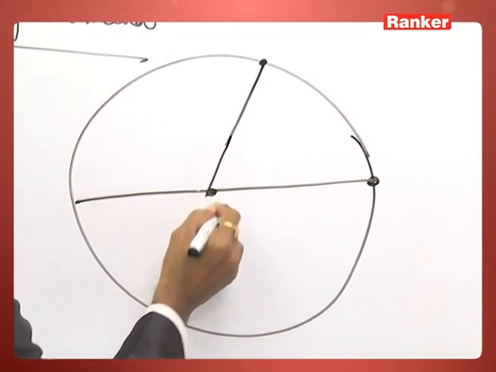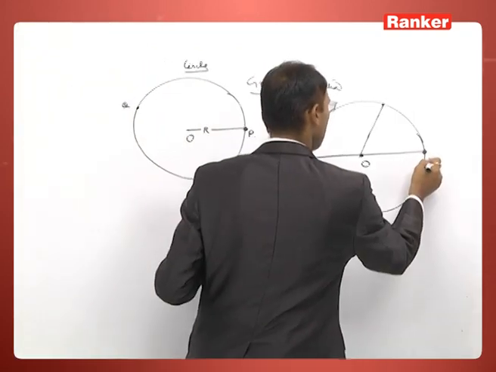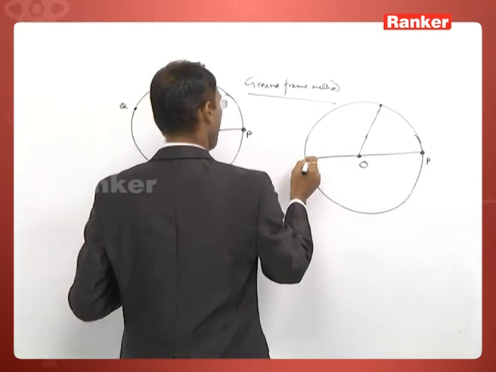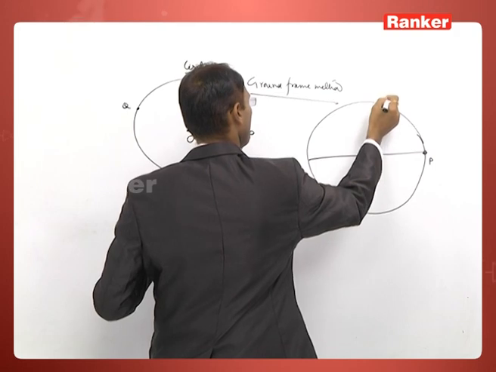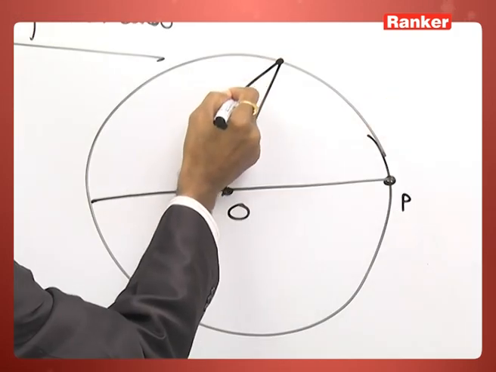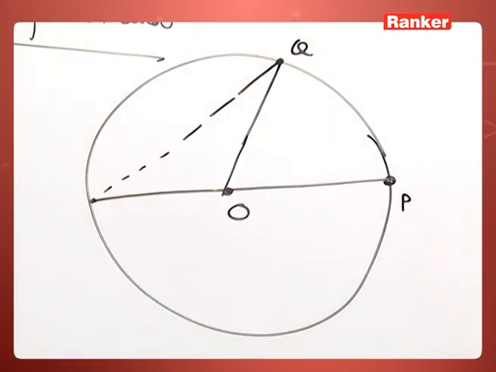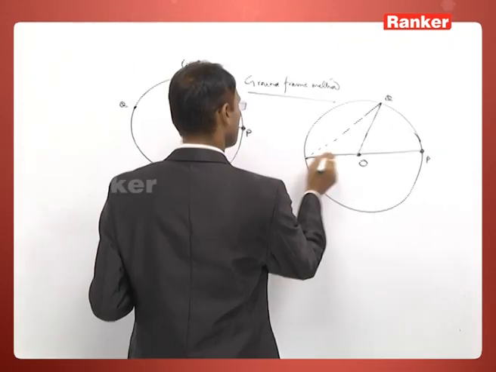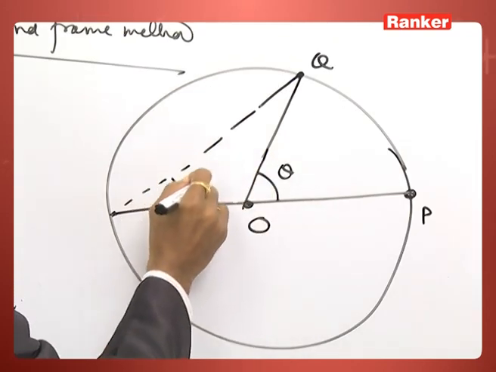This is the central point, center of the circle, that is O. This point P, and you can call it Q. If this is theta, this is phi.